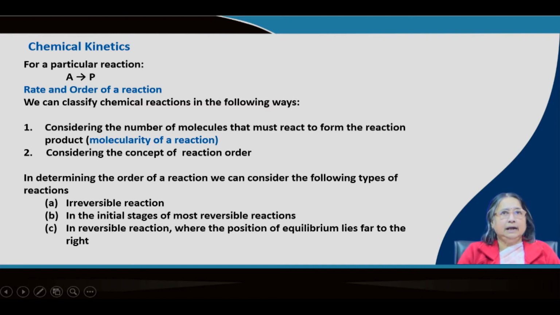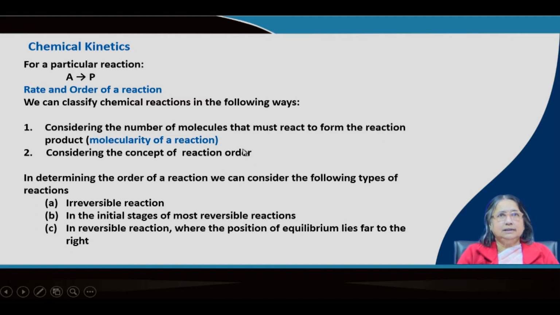And then the second one is in terms of the reaction order. We have to remember that molecularity of a reaction we can tell from the balanced equation, that is the number of molecules that are reacting. So, in terms of molecularity, there may be unimolecular reaction, bimolecular reaction, termolecular reaction, but in terms of reaction order, this order has to be determined by experiment.